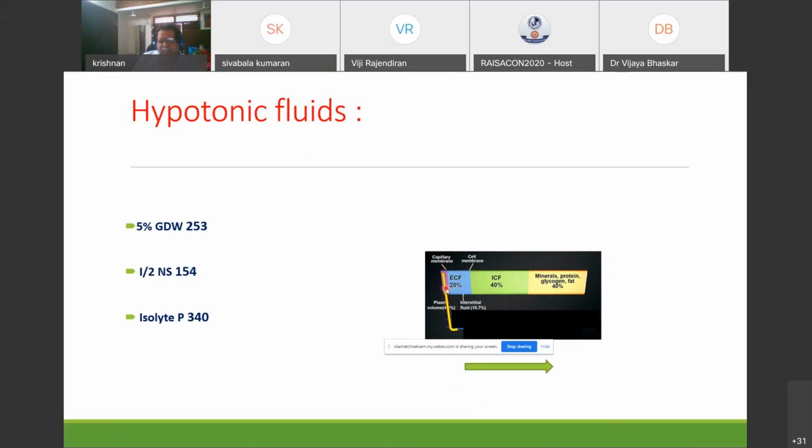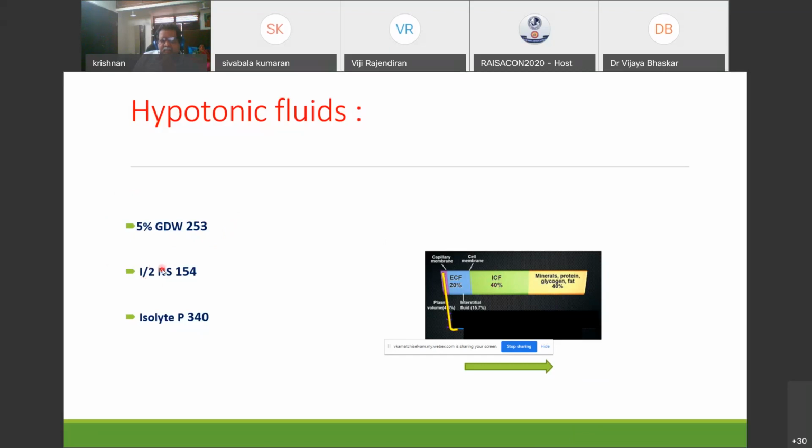The fluid starts moving from the intravascular compartment into the interstitial and intracellular compartments, producing cellular edema. As anesthesiologists, we are more worried about cerebral edema. So 5% dextrose, if you give it continuously, the child will have intracerebral edema.